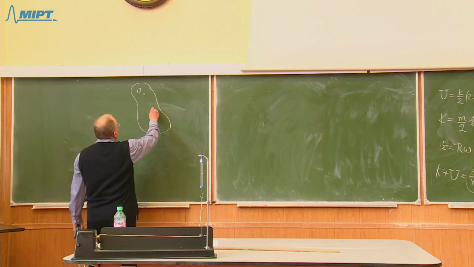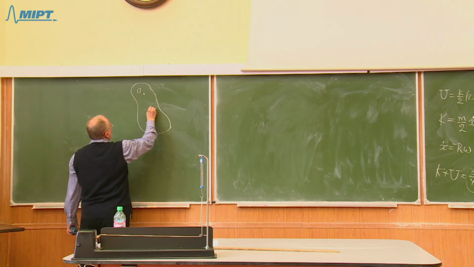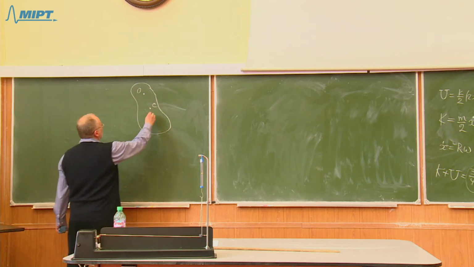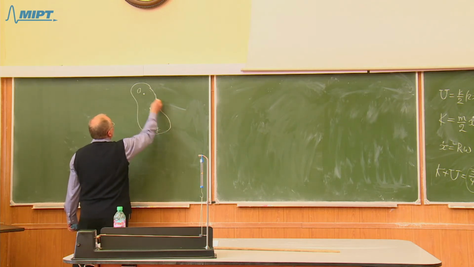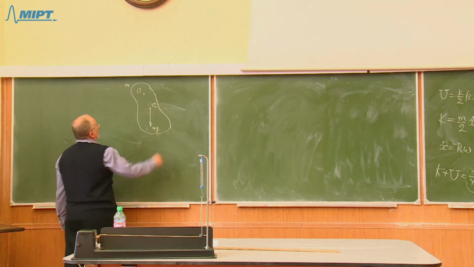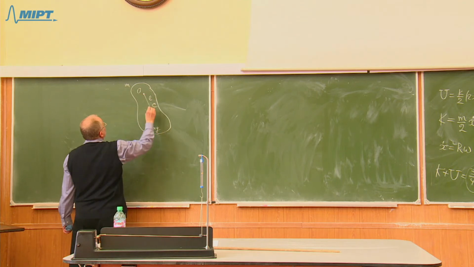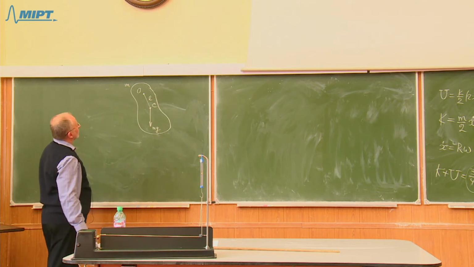A physical pendulum must have somewhere its center of mass, and the gravity force mg is applied to the center of mass, where m is the mass of this body. And let there be a distance L between the point of suspension O and the center of mass.